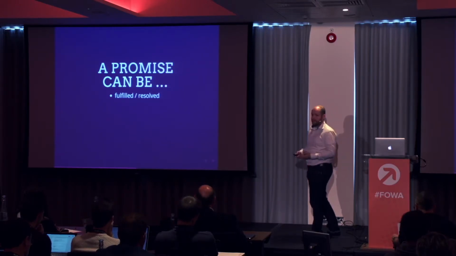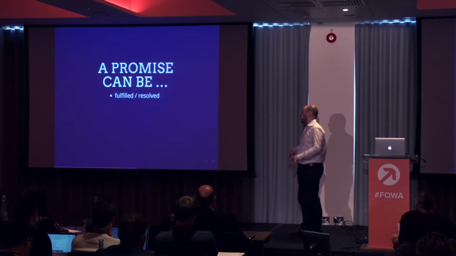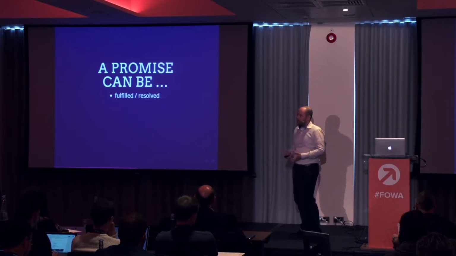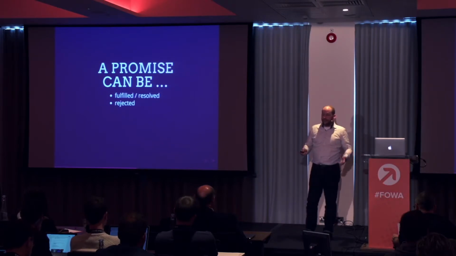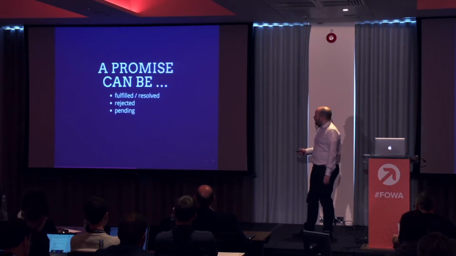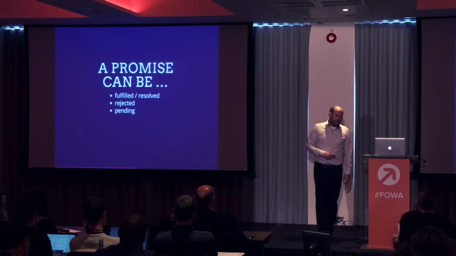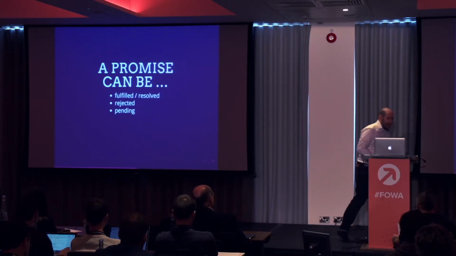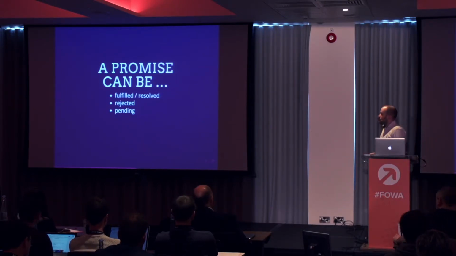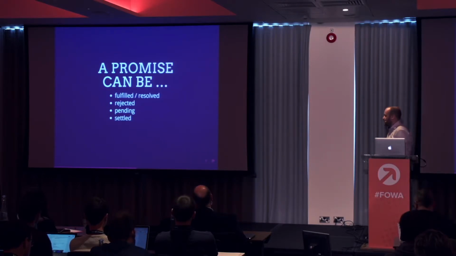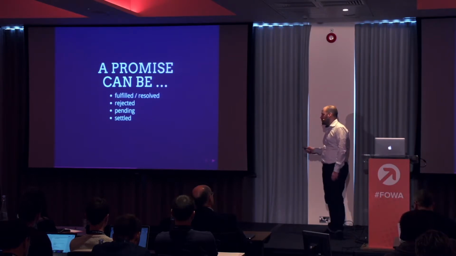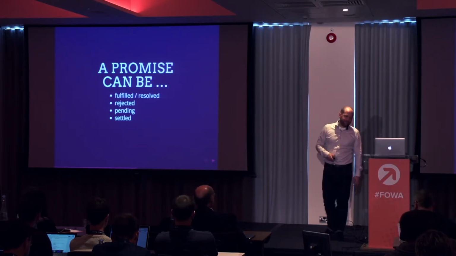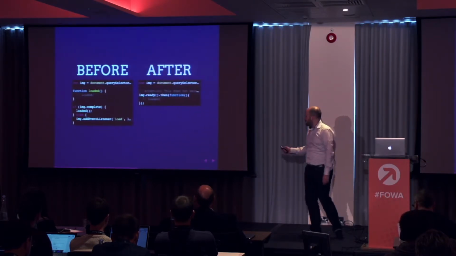So your asynchronous operation went well, and the resolved callback will be called. Promise can be rejected if it failed, didn't work. Can be pending. This is the state where it's in when we don't know what the result is going to be. And there is settled: a promise can be settled, which just means it can be either resolved or rejected. OK, let's go look at the code again.